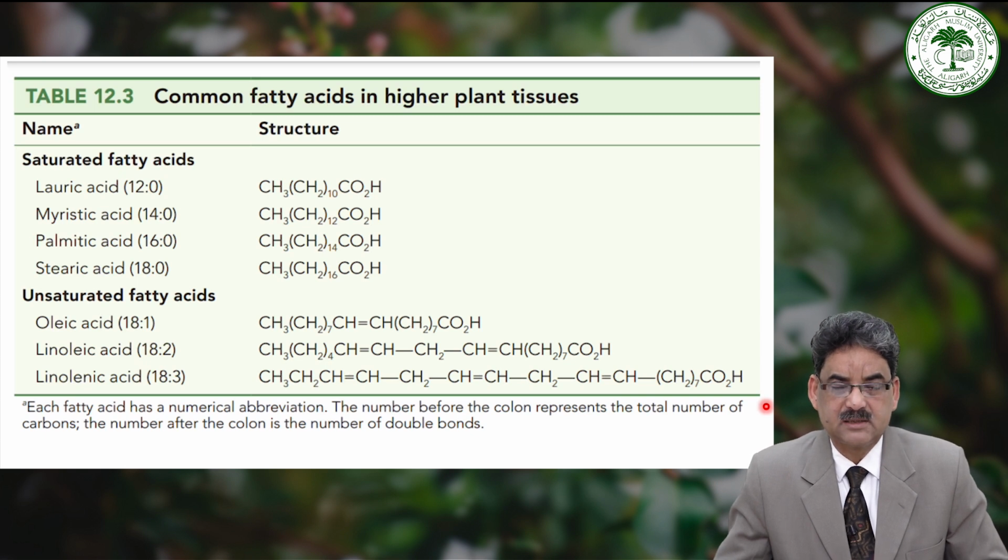This table displays the structure of some of the common fatty acids found in plants. Here, if you look at the table, the saturated fatty acids are lauric acid, denoted by 12:0, then myristic acid, denoted by 14:0, then palmitic acid, denoted by 16:0, and stearic acid, denoted by 18:0.